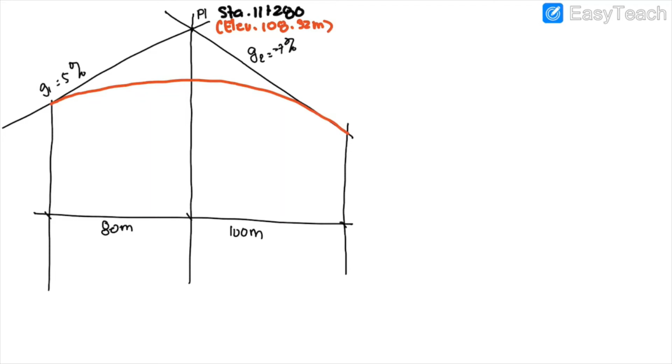Now, we need to presumably identify the location of our point S or the highest elevation. Let's just say, nandito yung ating highest elevation. Okay? This is your PC and this is your PT. The highest elevation is then located by computing S1 and S2.